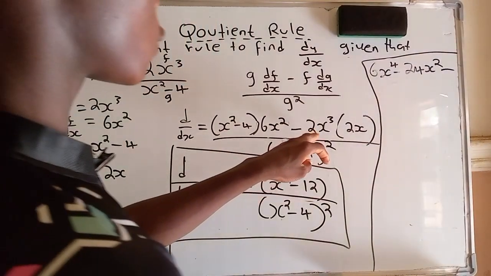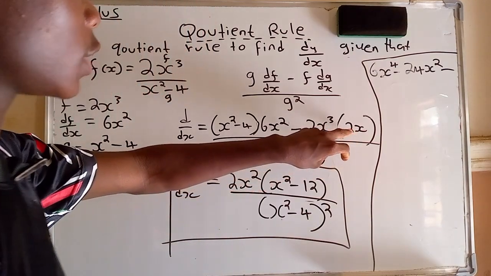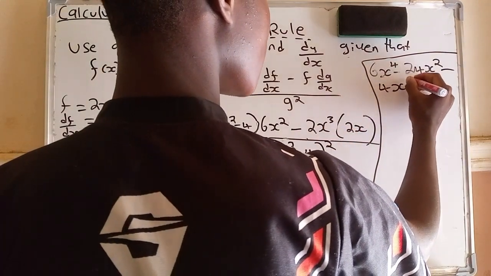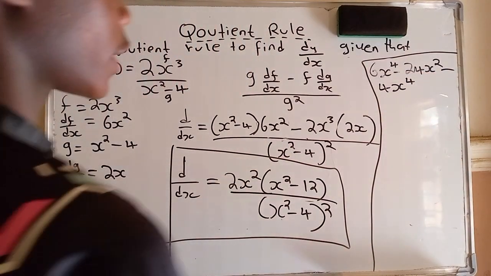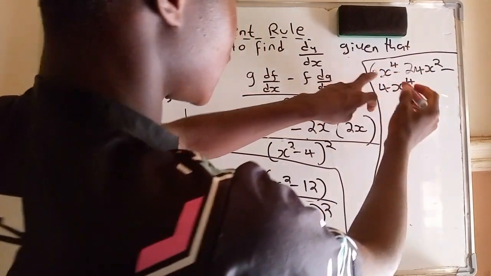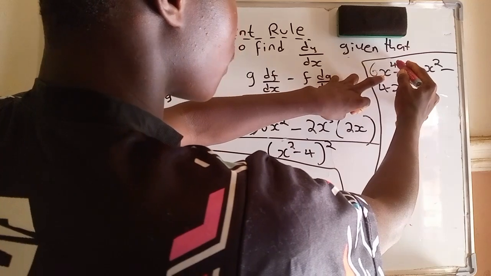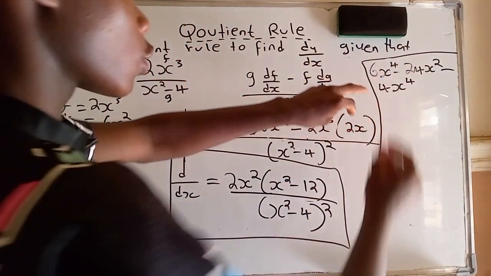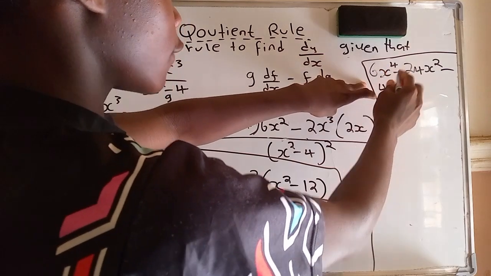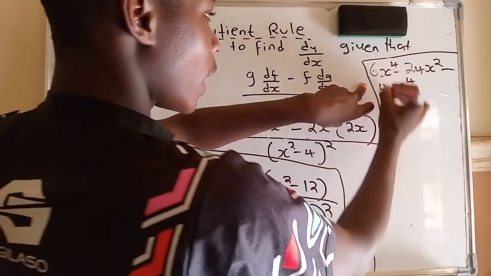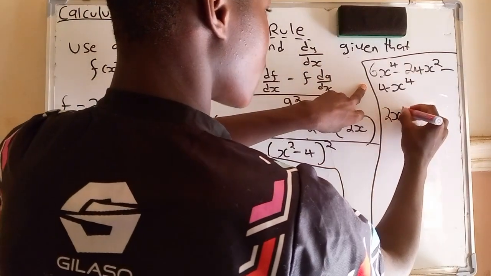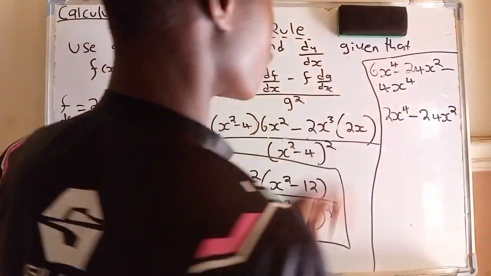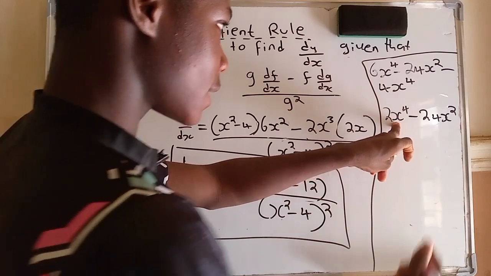Then minus 2x cubed multiplied by 2x, we have 4x to the power 4. Since we have power 4 and also power 4, we can subtract: 6x to the power 4 minus 4x to the power 4 gives 2x to the power 4 minus 24x squared.